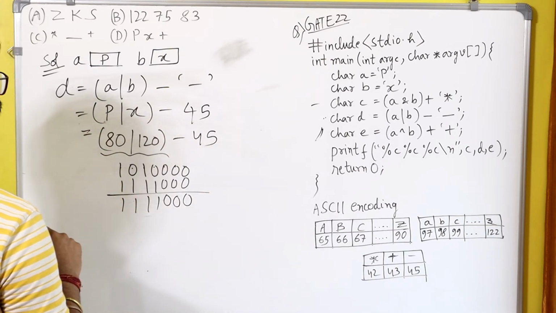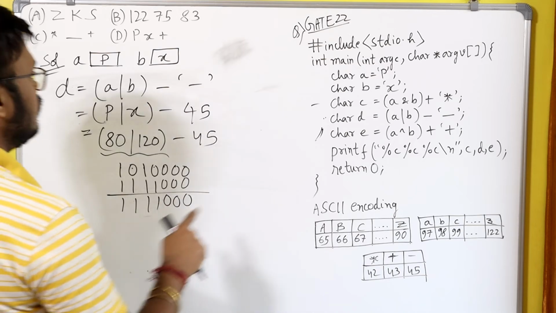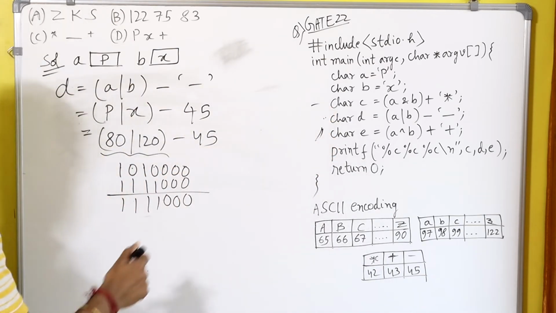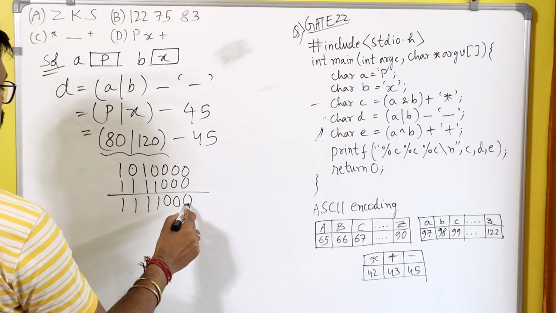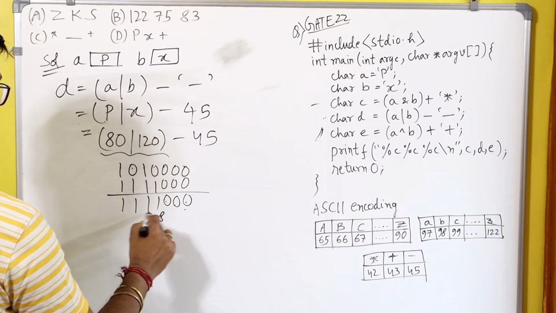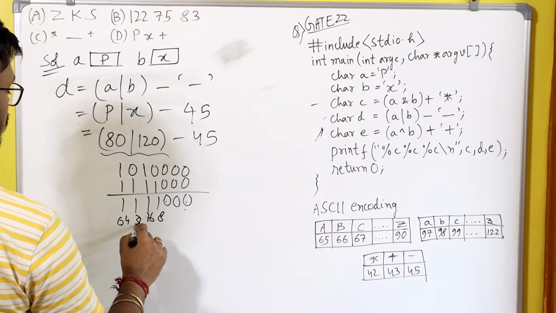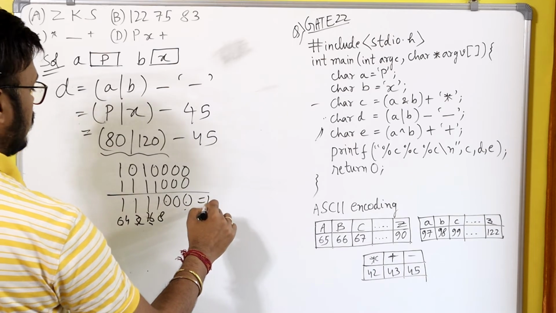The decimal value of this part is 1, 2, 4, 8, 16, 32, 64. 64 plus 32, 96, 106, 112, 120. So it's 120.